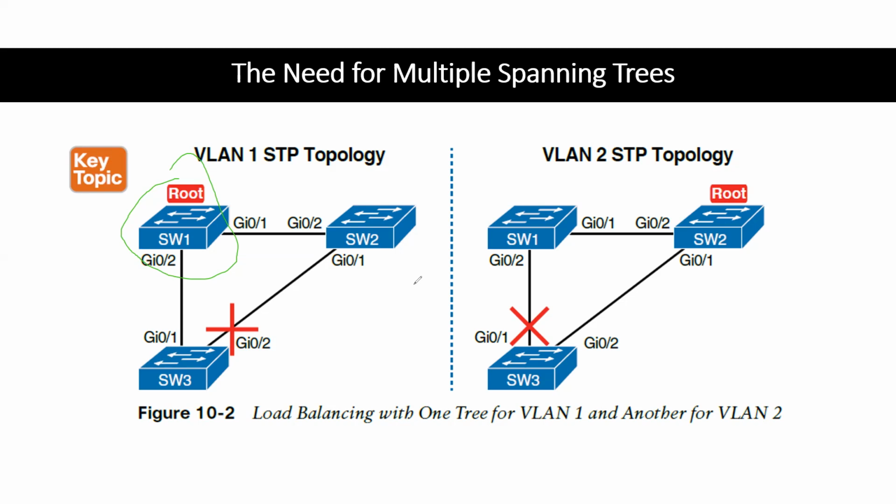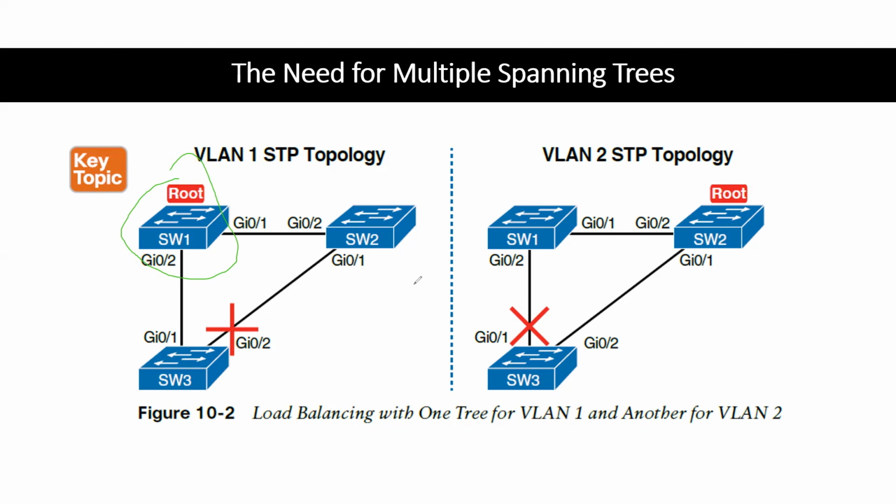We can set the gateway for that next hop, but from a layer two perspective, we need to make sure traffic immediately goes out of switch 2. So for VLAN 2 only, switch 2 is the root. But for VLAN 1, switch 1 is the root.